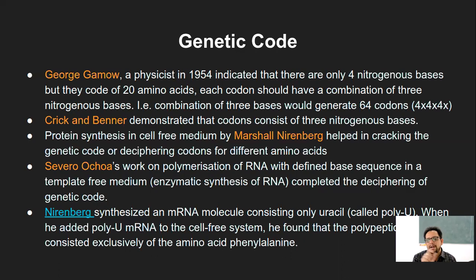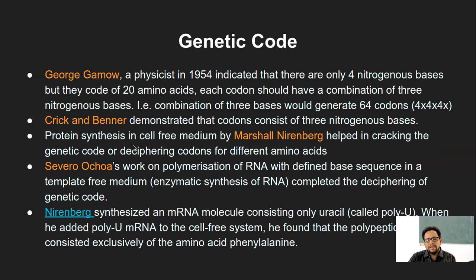Then they identified by sequencing how many nitrogenous bases in each amino acid chain are associated with the amino acid. That matching was done, and that's when they came to the conclusion that there are 3 nitrogenous bases.